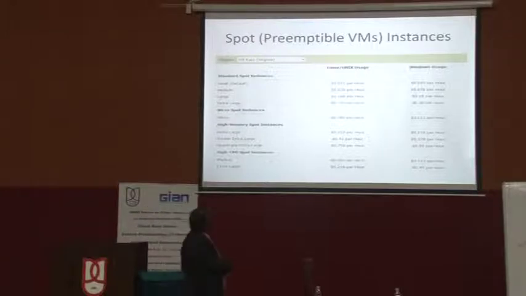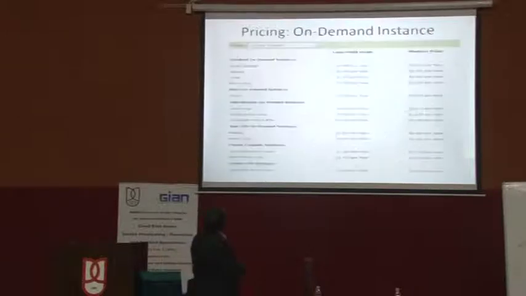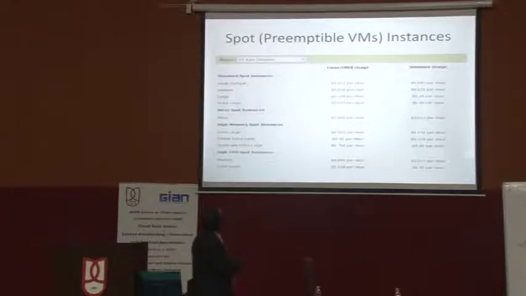As you can see, 0.027 per hour. So how much do you save from on demand? About 60%, right? Roughly, but sometimes I've seen about 95% also, when nobody is bidding for it and they keep changing the price. So up to 95%, I have seen it.